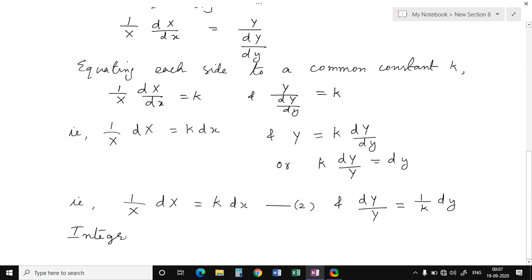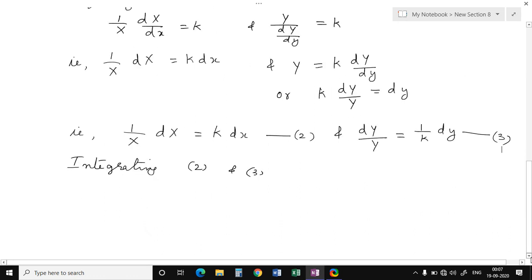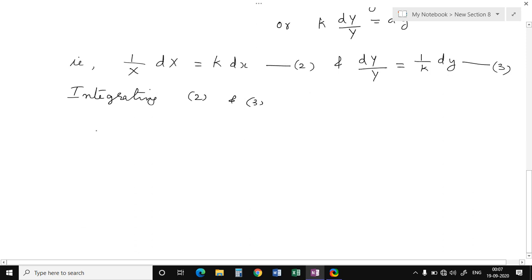They are in integrable form, so integrating the second and third equations, the integral of the second equation is log X is equal to kx plus a constant of integration. Instead of writing a constant, I'll write it as log c1. And from the third equation, we will get log Y is equal to 1 by k y plus log c2.